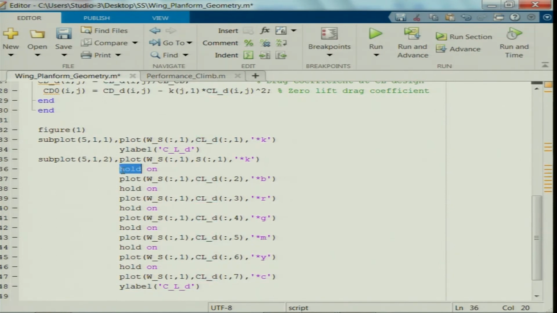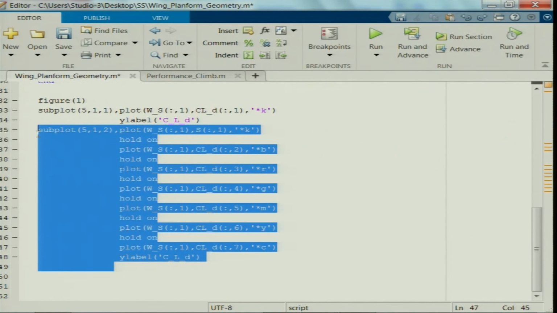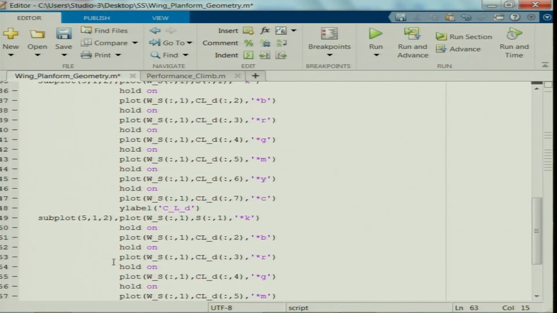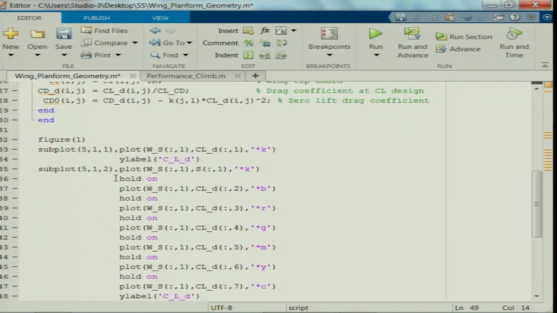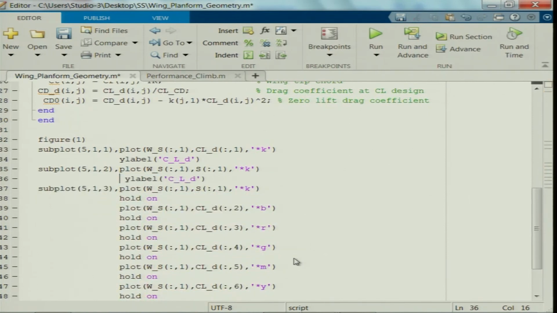So, plot WS, there is no need for this entire story, otherwise I will just copy this so that I can use it for the other plots, the third one. So, what I am going to do is delete this and then simply S here, S in meter square.